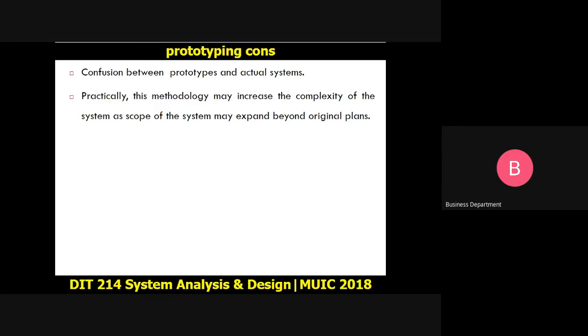So you keep on going back and forth. That can happen if you are working with a working model. Sometimes the users don't know what they want represented in the system. And in that case, definitely the complexity of the system scope may even go beyond the original plans.